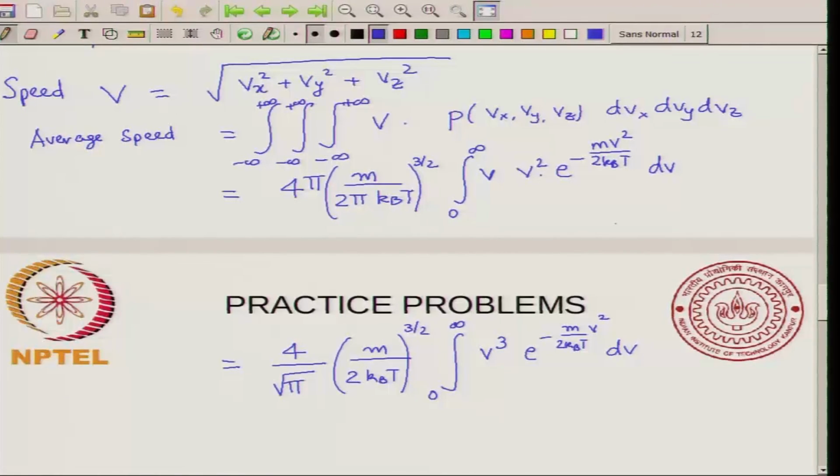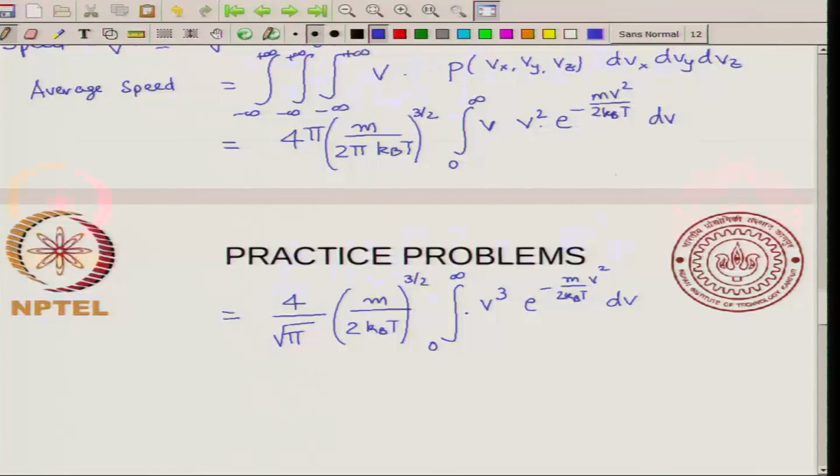Now, this is actually a standard integral, you can do this using gamma functions, but I will just show you how to do it explicitly.